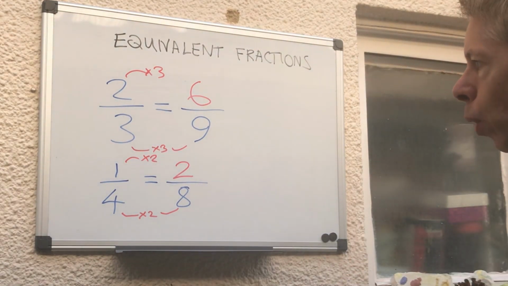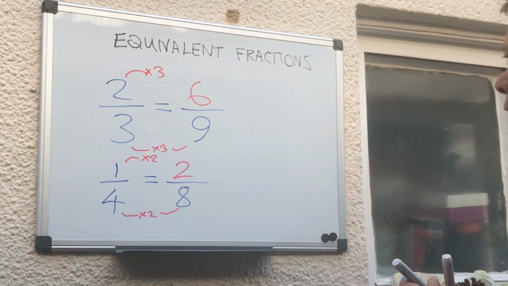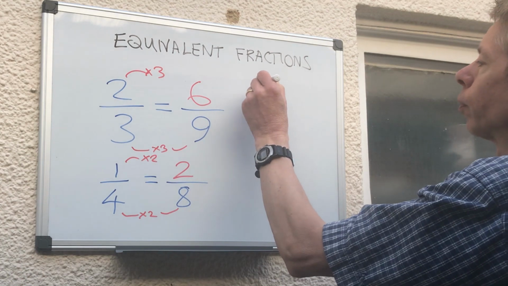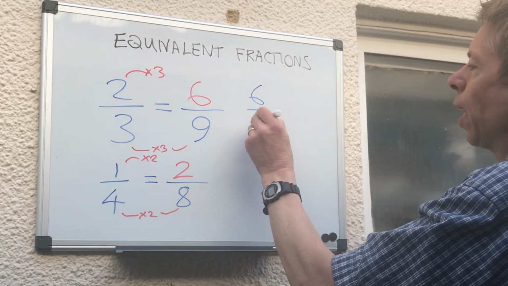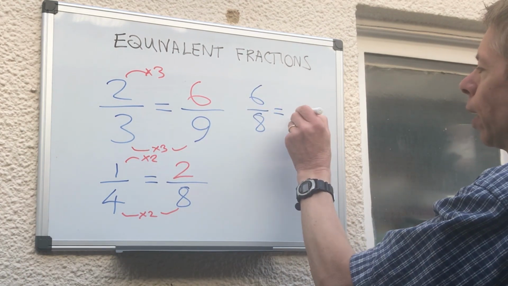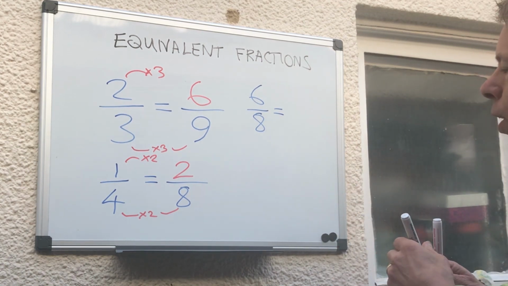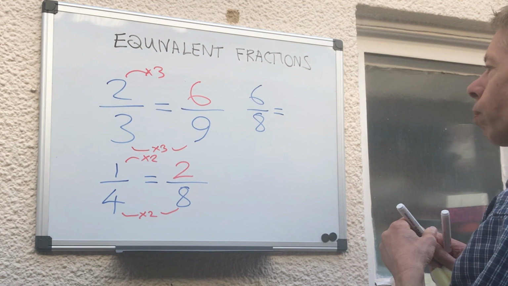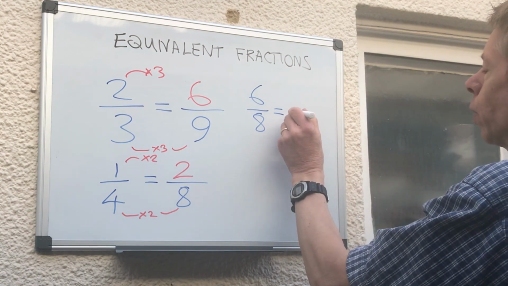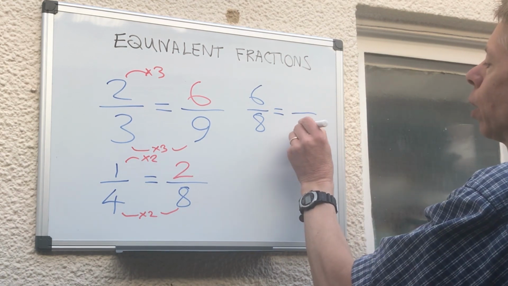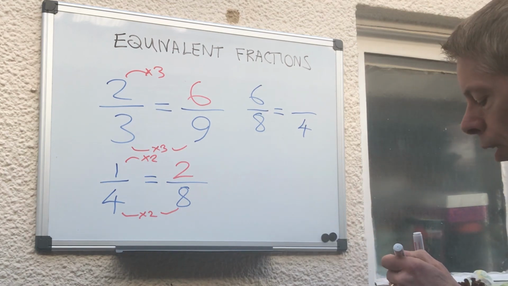Okay, let's do a couple more. So we have 6/10. We're thinking, hang on, well that's just 6/8. Okay, let's do 6/8 then. So 6/8, we want to know how many quarters that is.